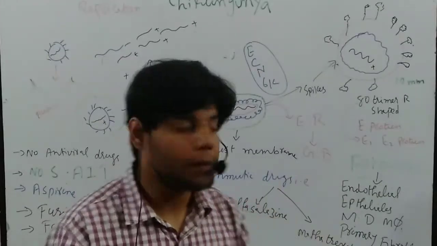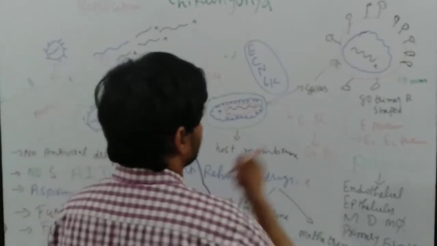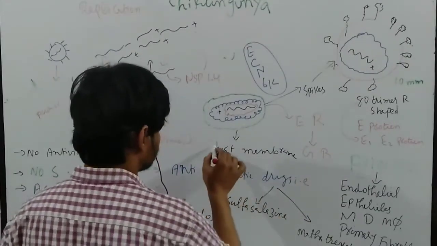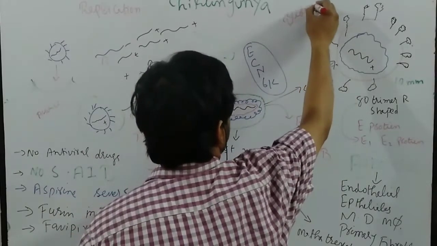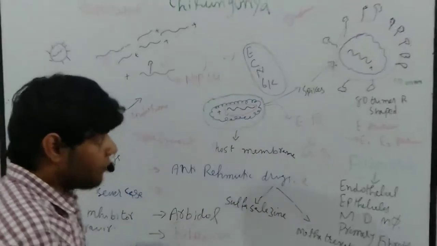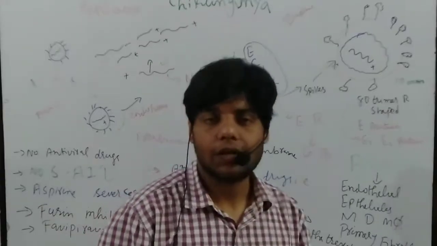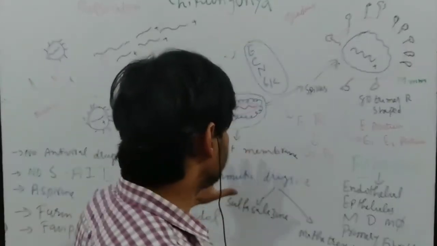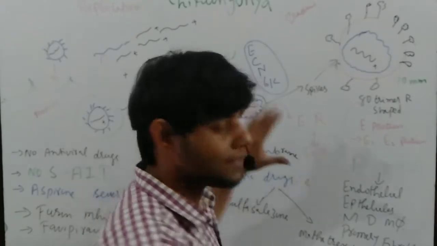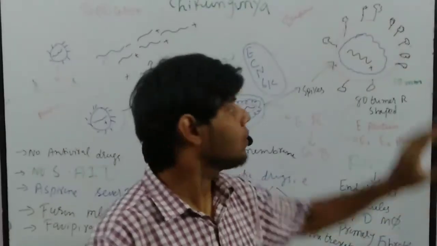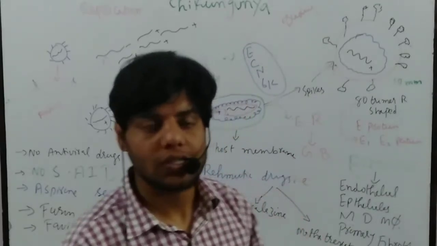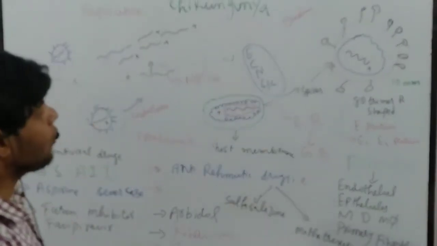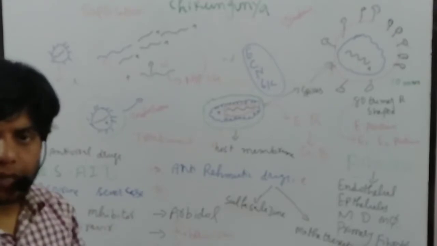They fuse with the host membrane and finally are released out through budding. After some time, once released through budding, the virus matures and is ready to attack another host cell. This is how they perform their replication process.